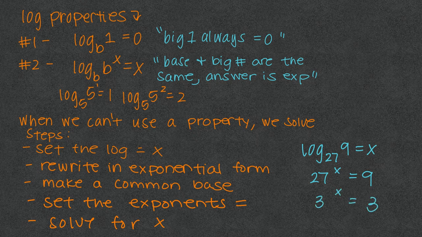The x stays in the exponent. 3 what gives me 27? 3 cubed gives me 27. And 3 what gives me 9? 3 squared. So now I have the same base. So I set my exponents equal to each other and I solve.